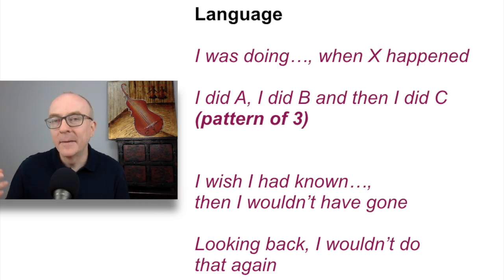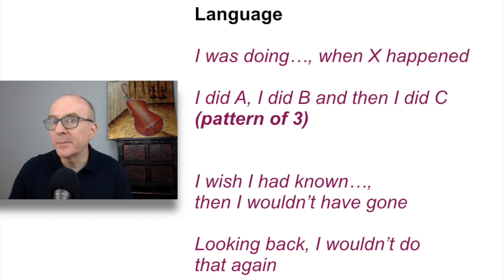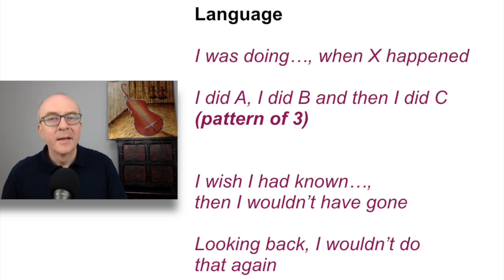It's the classic past continuous plus the past simple. I was eating my soup when I found a hare. I was sitting on the bus when I heard this man. And so on, right? I was doing something when something happened.